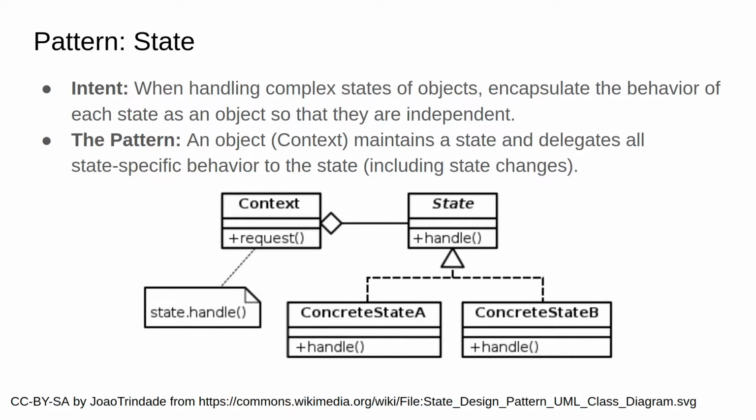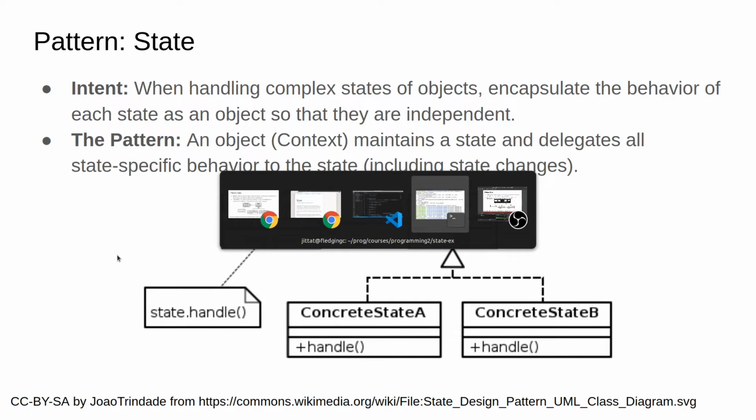But if you encapsulate the behavior of each state of an object as an object itself, and allow the state to do the handling of the behavior on that state, and also the state changes, then you can decompose a bunch of behavior on different states into different classes, and now you have much cleaner code.